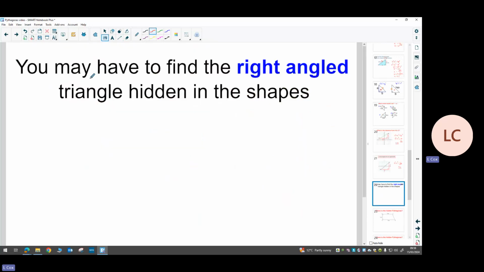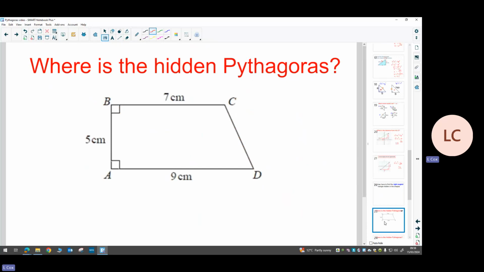The last part is you may have to find the hidden right-angled triangle. So this is an exam question. Where can you possibly see a right-angled triangle? I see it's here. I don't know the hypotenuse. I do know this length.